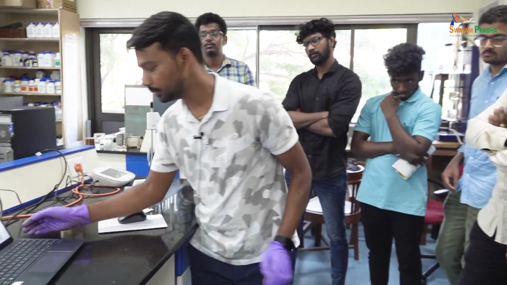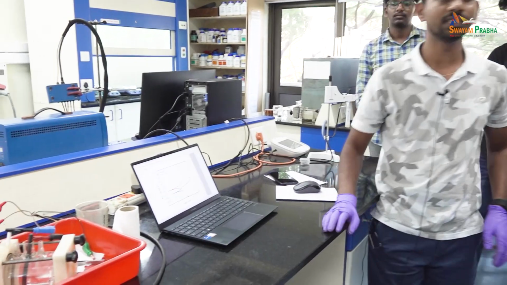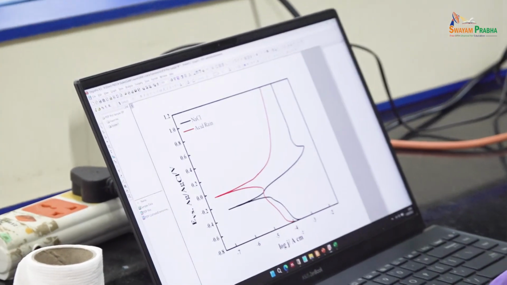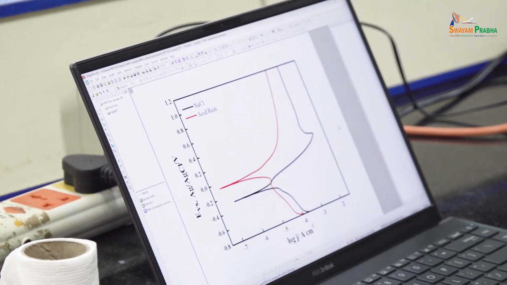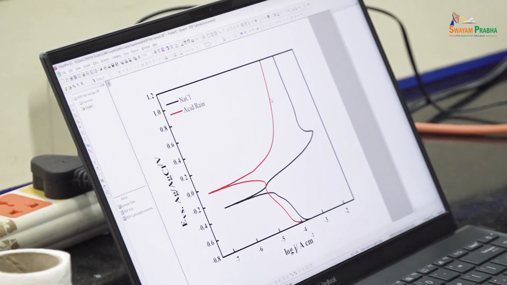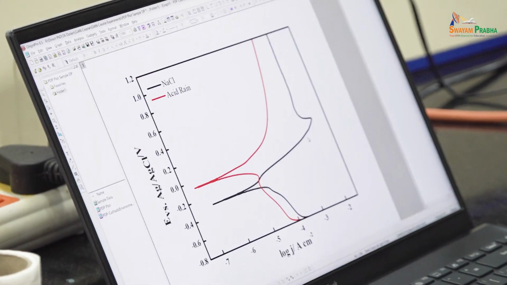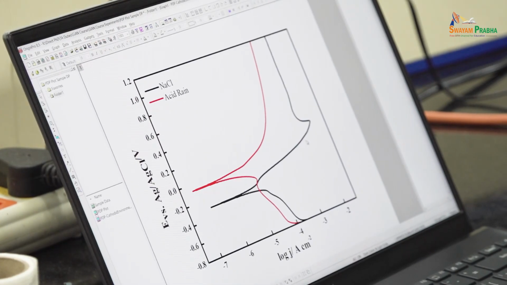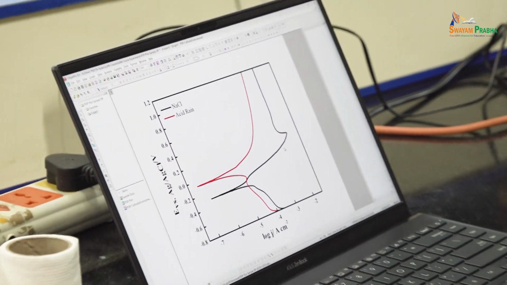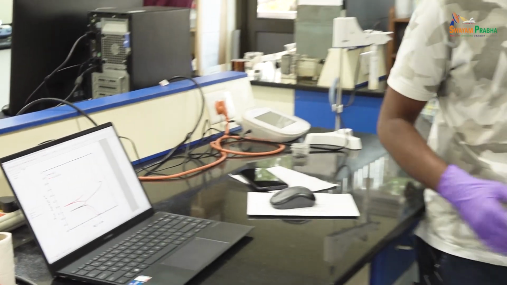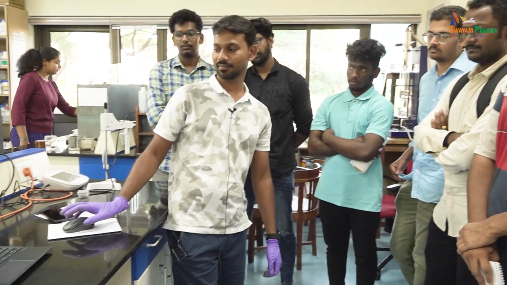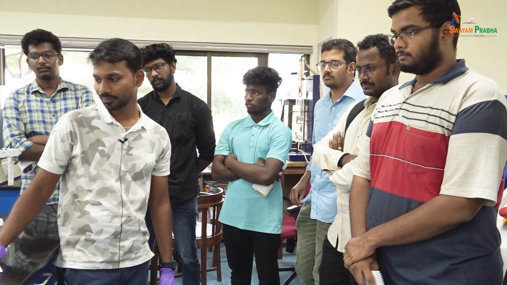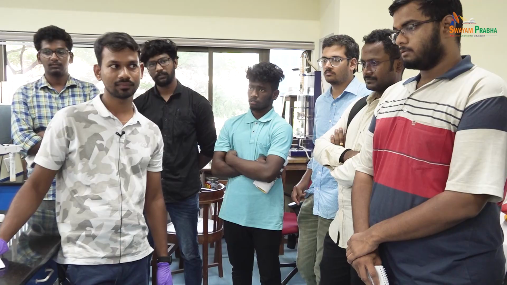As I have told you, I have already conducted the experiments in both conditions. Here you can see, can you all see, this red curve is in acid rain solution and this black curve corresponds to the NaCl solution. From this, can anyone tell the inferences, which is performing well and which is performing inferior? Corroding more.